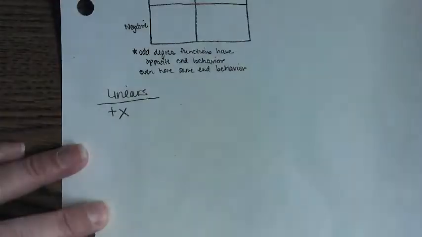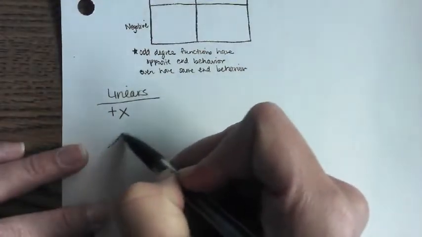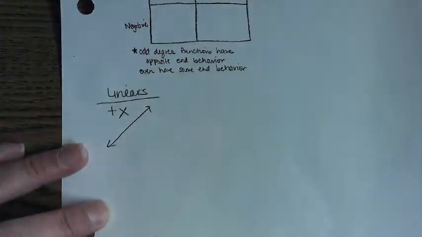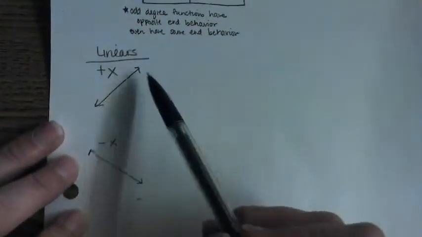Right? So if you have a positive x line, that's just a line that does that, right? With a slope of 1. And a negative x line has a negative slope. So you know that this is an odd degree, right, to the first power technically.